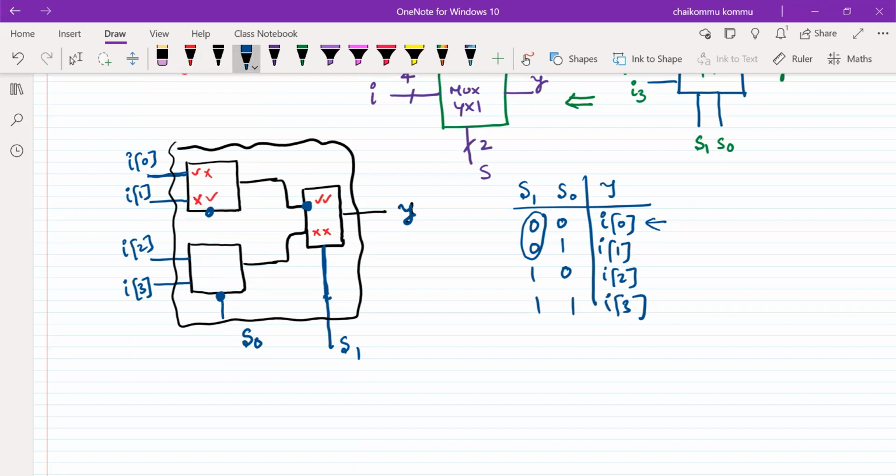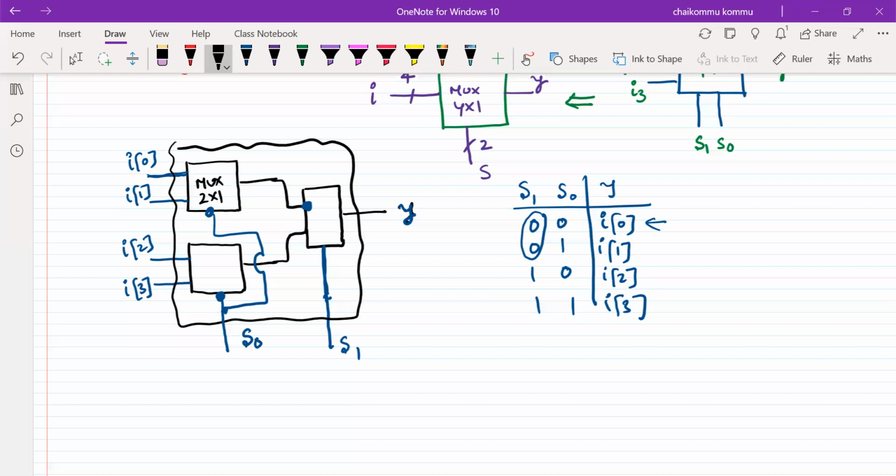I want to say this is S0 and this is called something like this. Okay, first I need to write the 2x1 multiplexer definition. I need to write the 2x1 multiplexer definition. This is called mux, I think it is mux we will write. Okay, mux 2x1 is better to write 2x1.